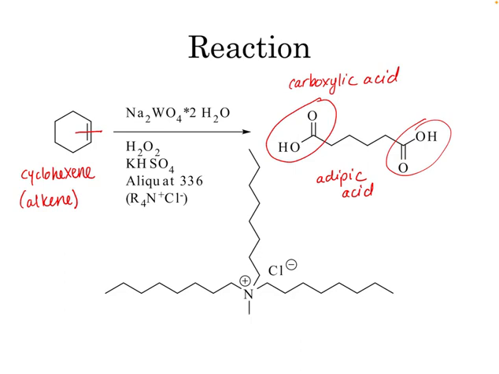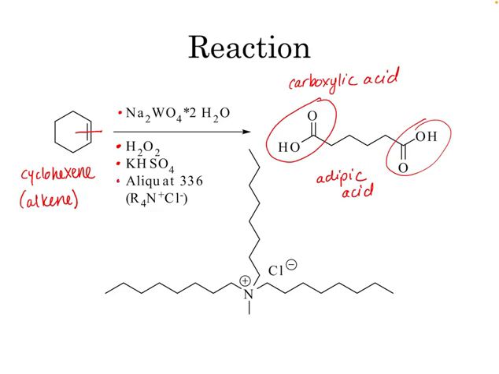Now there are a lot of reagents listed here above and below the arrow. So there's sodium tungstate dihydrate, hydrogen peroxide, potassium bisulfate, and something called a phase transfer catalyst, and it's given the name Aliquat 336.